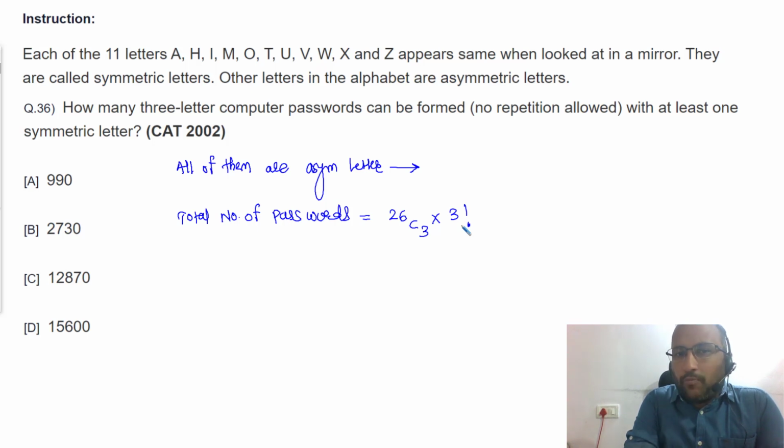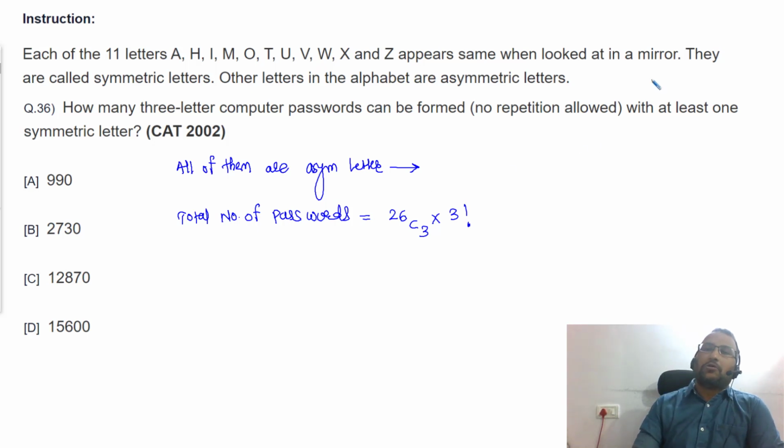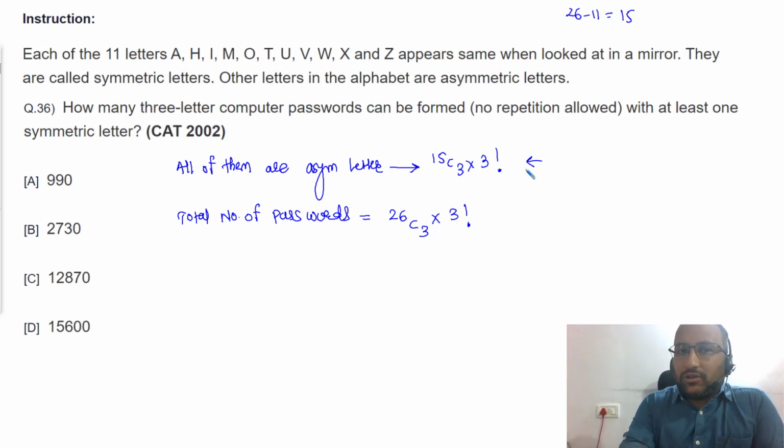Now, how many 3-letter passwords you can form where all the letters used are asymmetric letters? So out of 26, 11 are symmetric, the remaining 15 are asymmetric. So out of 15, let's choose 3 and then 3 factorial. These are the 3-letter words in which no symmetric letters are used.